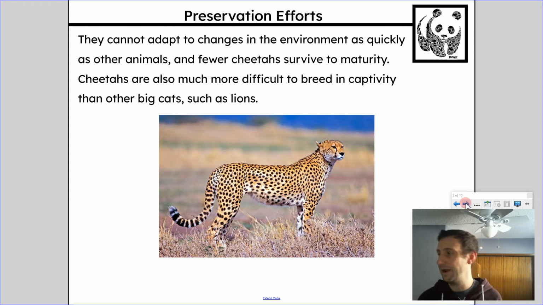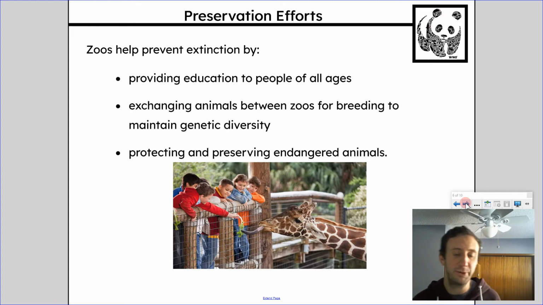So cheetahs are very much in trouble, and a lot of that has to do with the low genetic diversity, and also the difficulty in mating in captivity. The writing's probably on the wall for the cheetahs. Zoos can actually help prevent extinction by doing a few things.